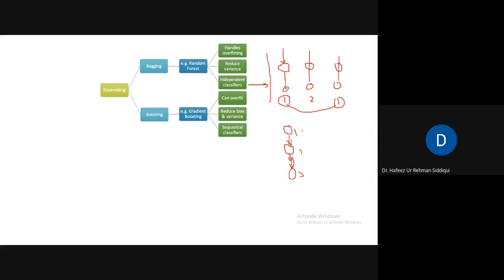Classifier 1 will predict the values, and some of them will be correct and some would be wrong, and the wrong ones will be assigned some weight, and this model will apply on the wrong ones, and that model will predict, and obviously some of them would be right predictions, some would be wrong, and the wrong predictions will be given a higher weight, and then model 3 will apply on that set, and the same fashion goes on and on. So this is what we can call a sequential classifier.